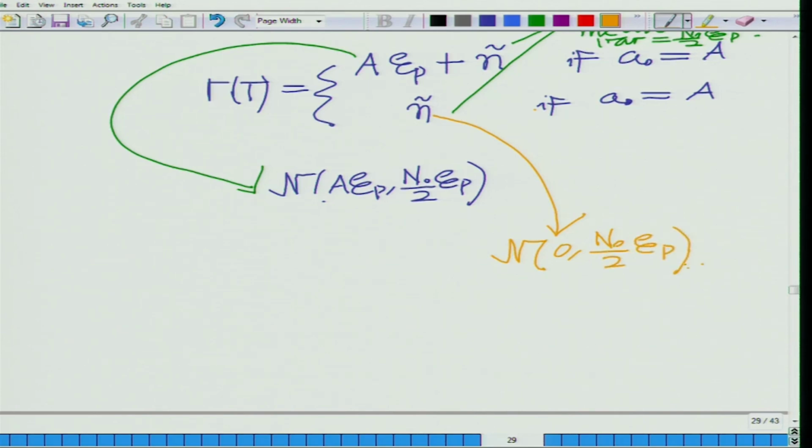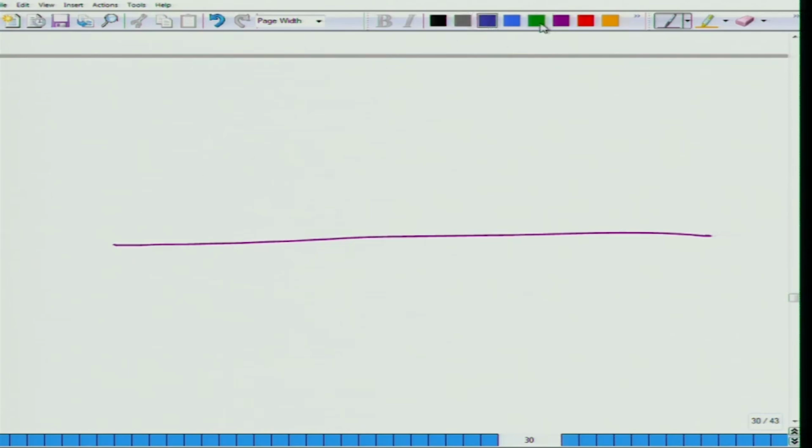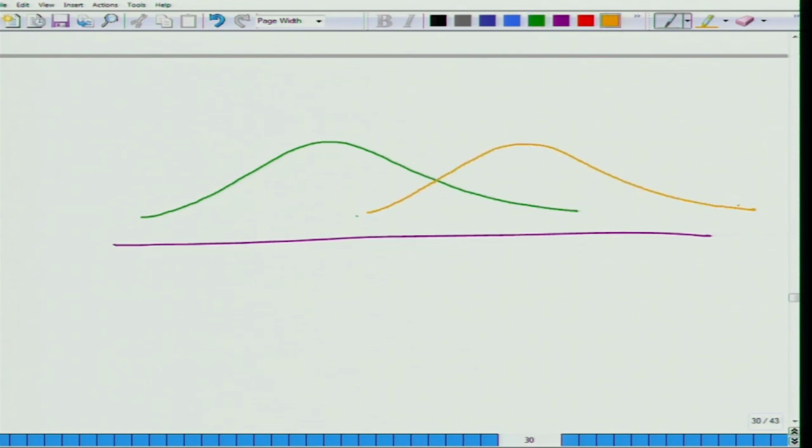So, the probability density functions corresponding to A naught equals A and A naught equals 0 are still Gaussian in nature, and similar to BPSK they are also shifted, but in amplitude shift keying corresponding to A naught equals 0 the mean is still 0, and corresponding to A naught equals A, the mean is A Ep.